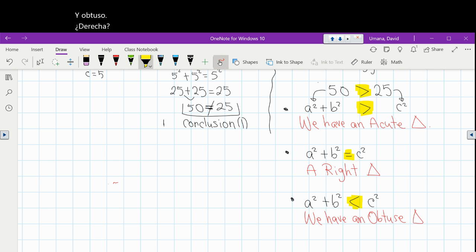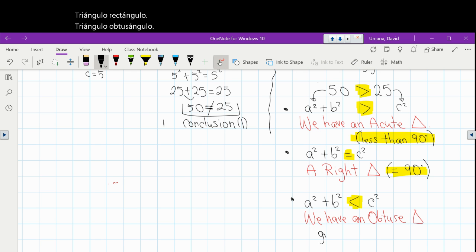And just to clarify what everything means, acute, less than 90, a right triangle equals 90, obtuse triangle greater than 90.